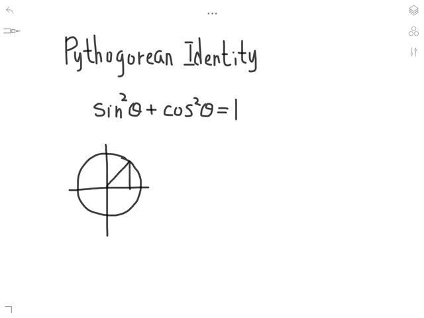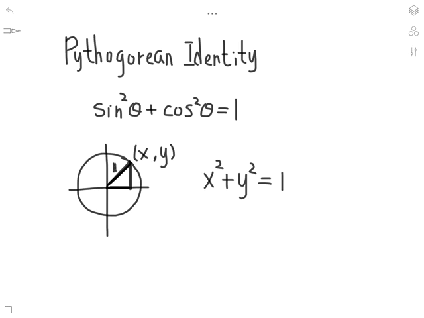Whatever x and y values you have here, as you take the square of each side, x squared plus y squared equals what? Does it equal the hypotenuse here? And we have a radius of 1, so it's going to equal 1.